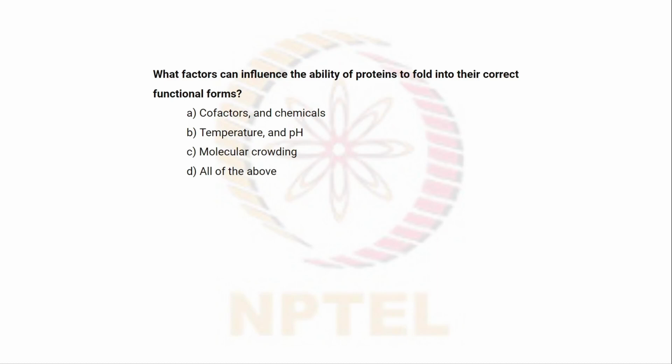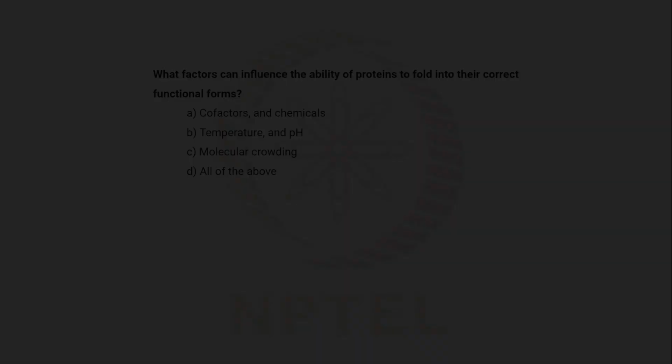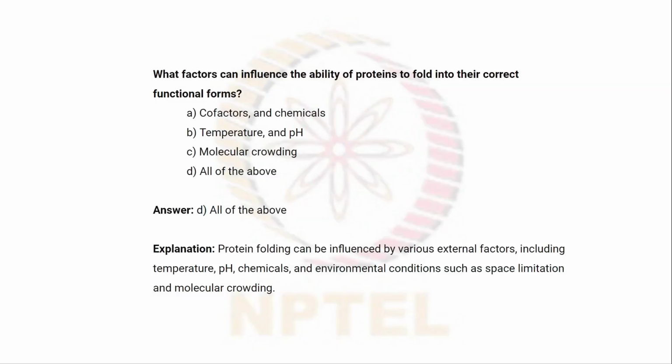And molecular crowding: the effect of surrounding biomolecules on the protein is also crucial for maintaining its final state. So here, all of the above influence. Protein folding can be influenced by various external factors including temperature, pH, chemicals and environmental conditions such as space limitations and molecular crowding.